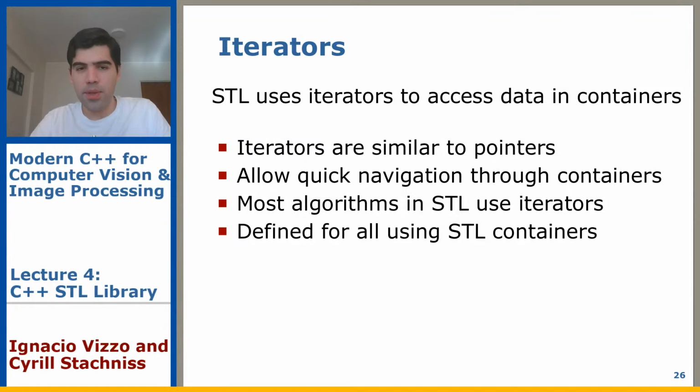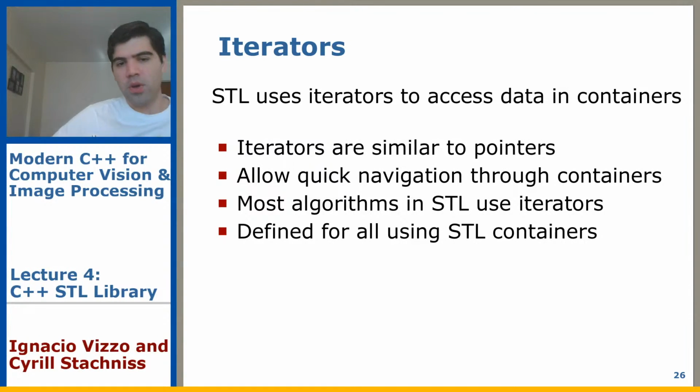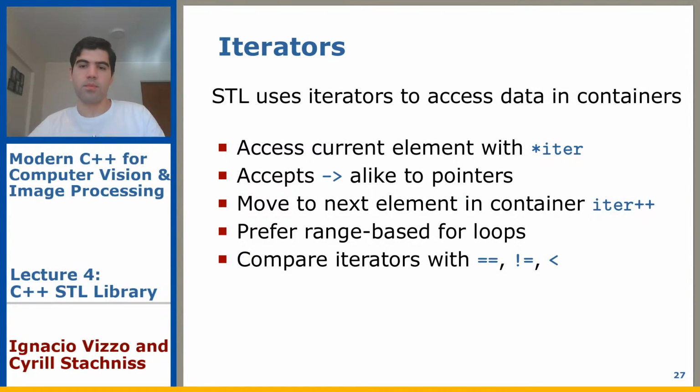The STL library uses iterators to access data in containers, and iterators are similar to pointers. We will discuss this soon. This allows you to quickly navigate through your containers, and most algorithms in STL use iterators instead of the data itself. Most of the iterators are defined for all containers in STL. Once you have the iterator for any container, you can access the element that you're pointing to with the star operator.